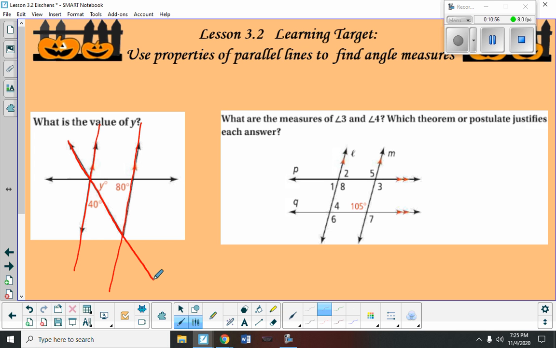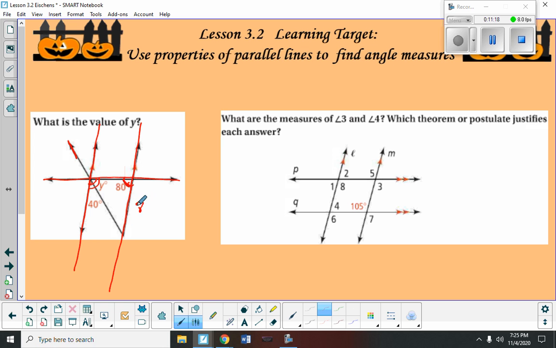Well, that's one of the transversals. Let's see. That's not the one we need. I'm going to go back here. This one, look at this one right here. What do you know about this angle and this angle? These two angles are same side interior, which means this one plus this whole angle have to add up to 180.